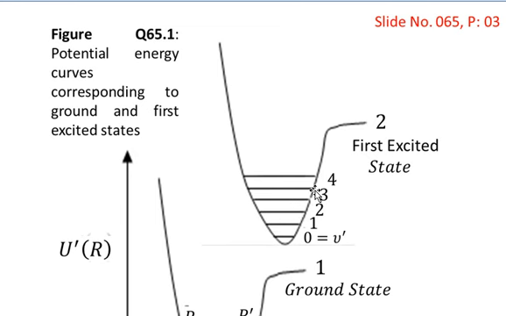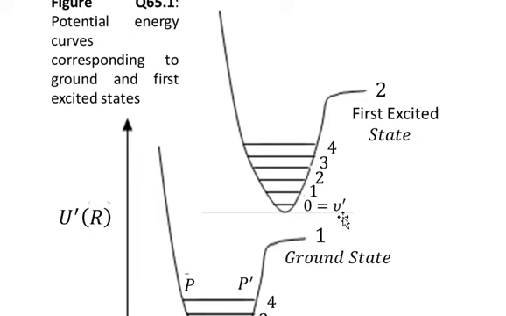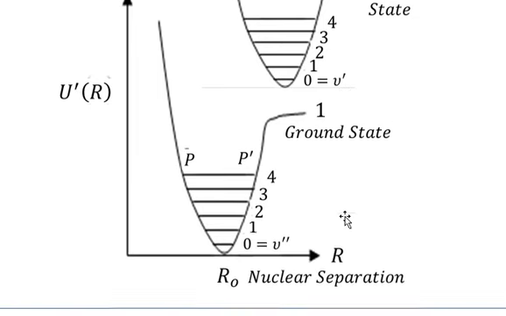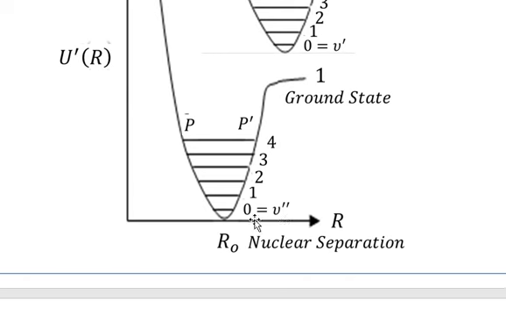But if you go beyond level 5 and so on, which we have not shown, the separation between two consecutive vibrational levels would decrease with the increase in vibrational quantum number. So V prime is the vibrational quantum number for the first excited state, and V double prime is the vibrational quantum number for the ground state of the molecule.